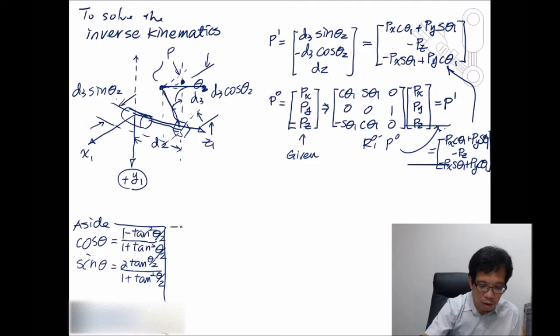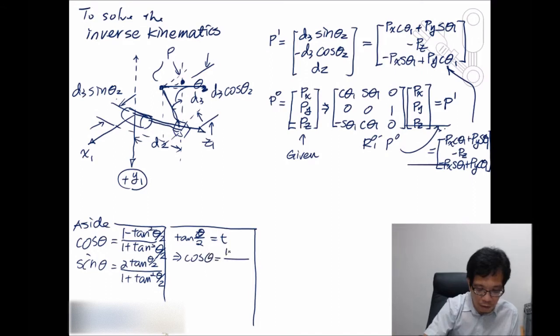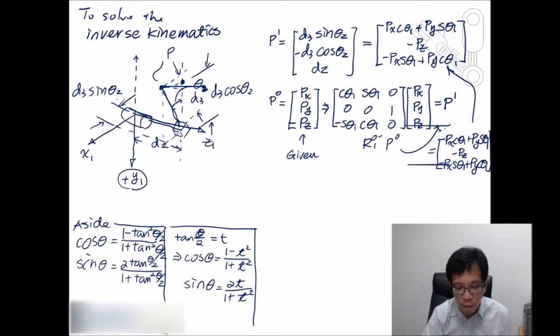Let's explain this a little bit more. If we have tangent theta over 2 equals t, then cosine theta is going to be 1 minus t squared over 1 plus t squared. Sine theta is going to be 2t over 1 plus t squared. Those trigonometric formulas are going to help us solve the answer.